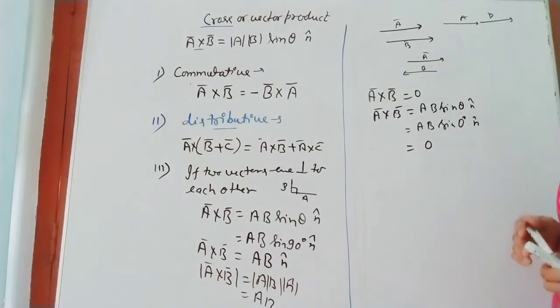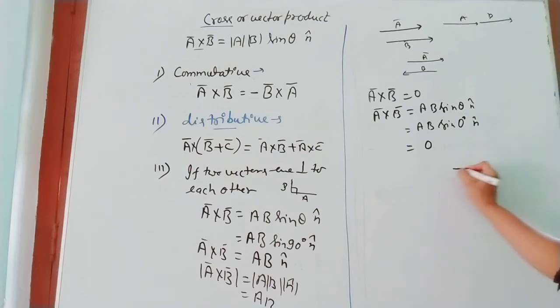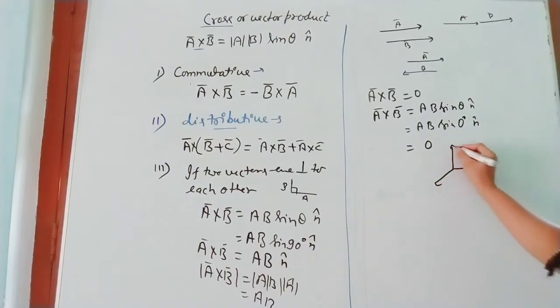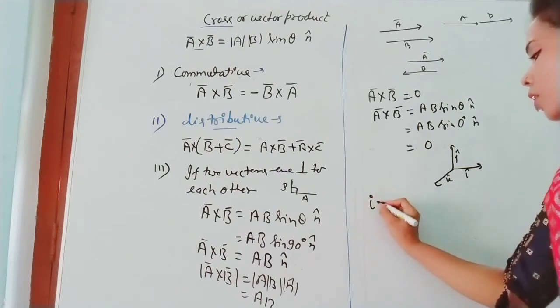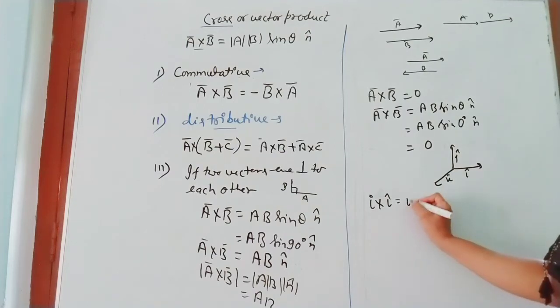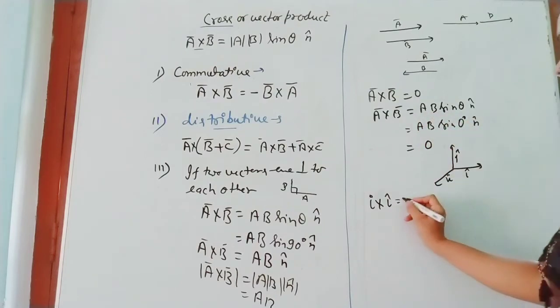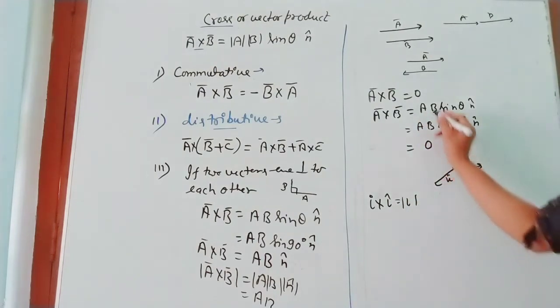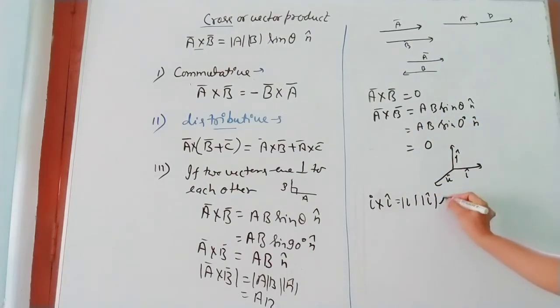Understood? Now I'll explain one more thing. Like in the dot product, I have explained it also for the cross product. You know i, j and k are the orthogonal unit vectors along the x, y and z axes. So now what will be the cross product of these vectors? i cross i: A cross B equals AB sin theta, so the magnitude of i into the magnitude of i into sin theta.